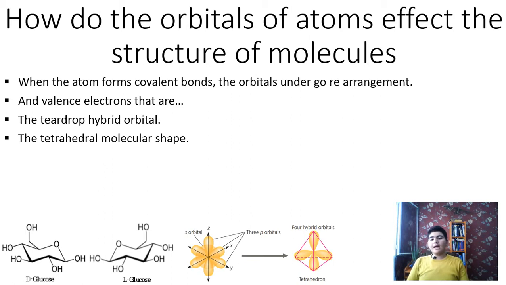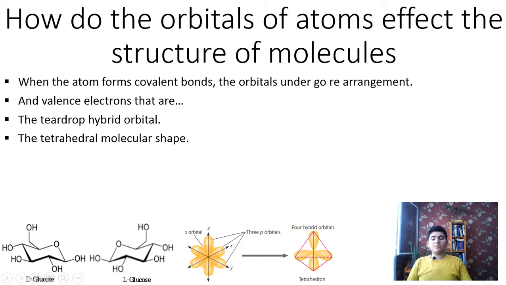In this picture on the left side, if you look carefully, you can see that these two molecules have the same number of atoms. They are both made up of 6 carbons, 12 hydrogens, and 6 oxygens. But one of them is L-glucose and one of them is D-glucose.